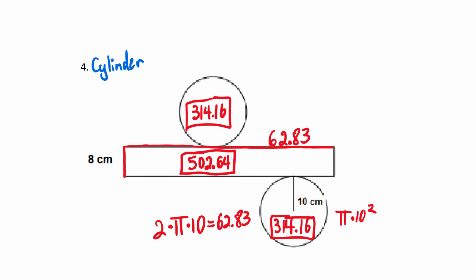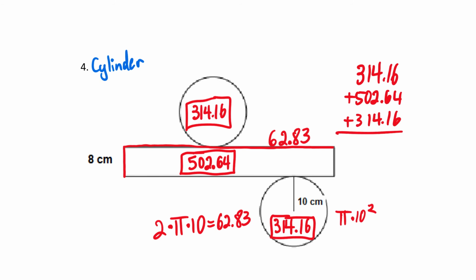And so now to find the total area of that thing, we're going to add those 3 numbers up. 314.16 plus 502.64 plus 314.16. What does that give you? Yep.